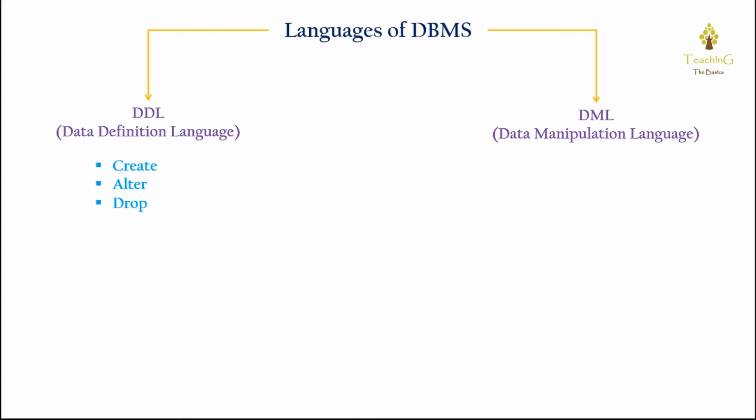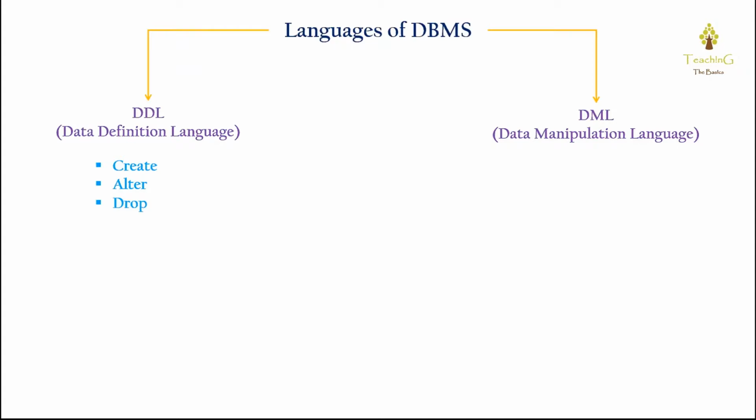Now let's elaborate on DML, which stands for data manipulation language. DML is a language that enables the user to access or manipulate data as organized by the appropriate data model.